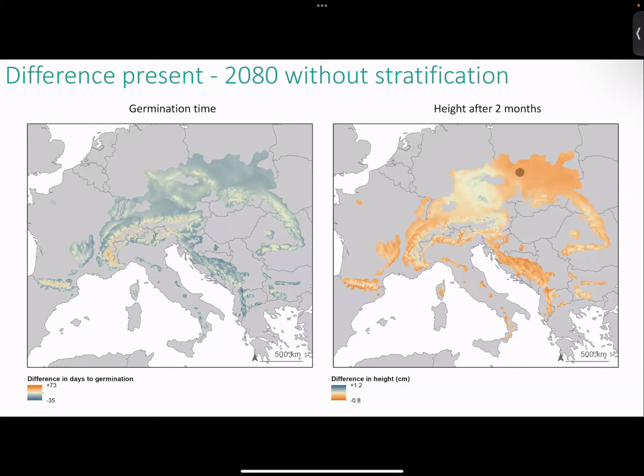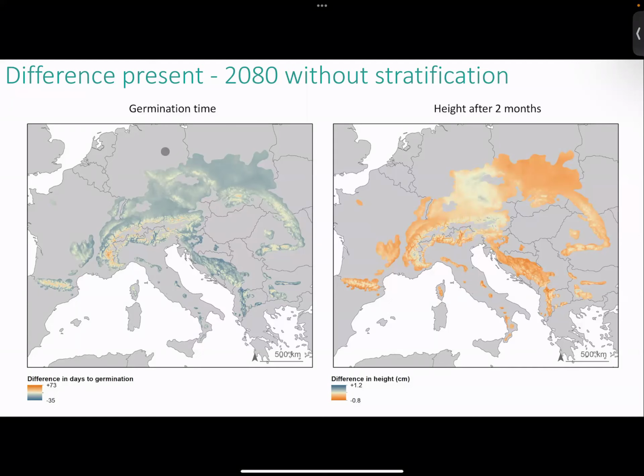So for seedling growth, we have more or less exactly the same map as before, with the difference that now growth rate is generally decreased in all the distribution range of the species, but it remains similar in the mountain ranges and in the cold areas of the distribution of the species.